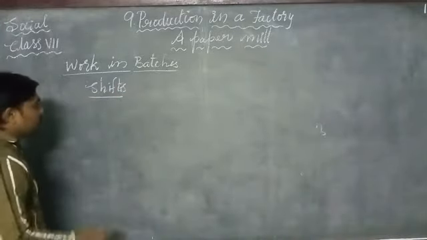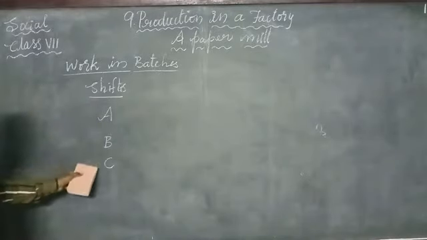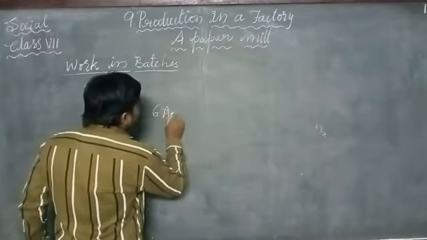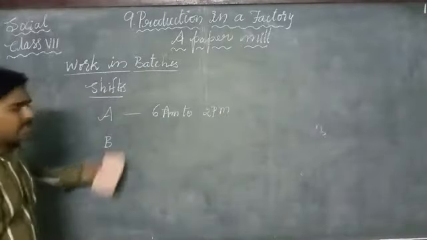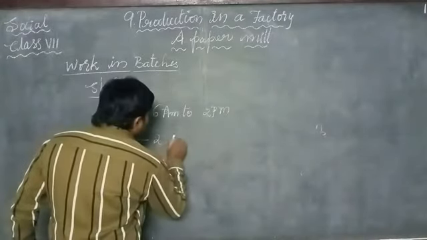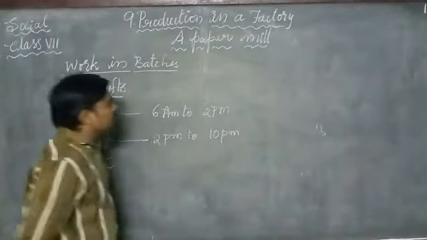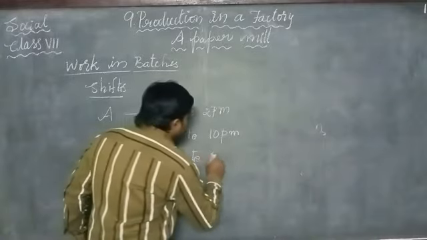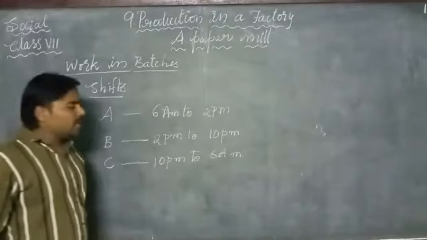Like if there are three shifts in a factory, shift A, shift B and shift C, then the timing of shift A is morning 6 a.m. to 2 p.m. This is the first shift of the first batch, and the second shift is 2 p.m. to 10 p.m., and the night shift is 10 p.m. to 6 a.m. Okay, these are the shifts that workers follow in the paper mill.